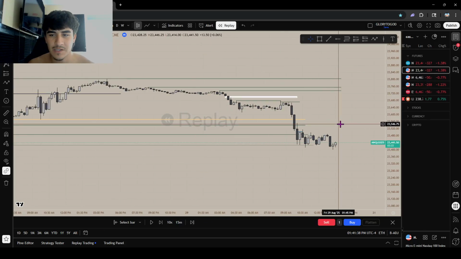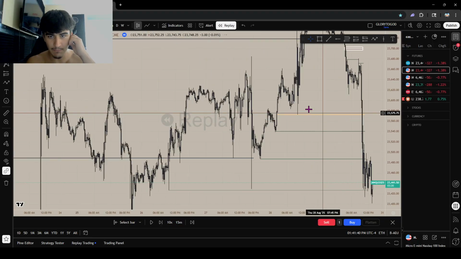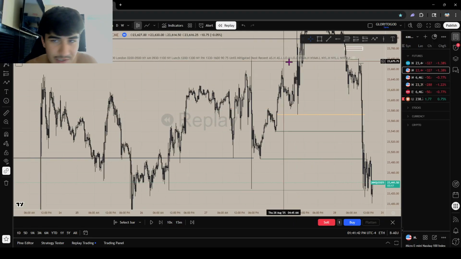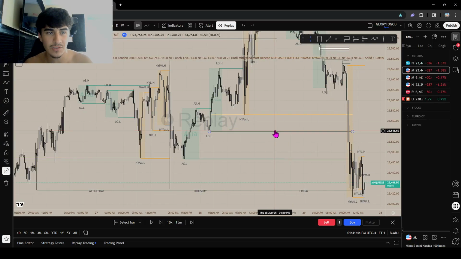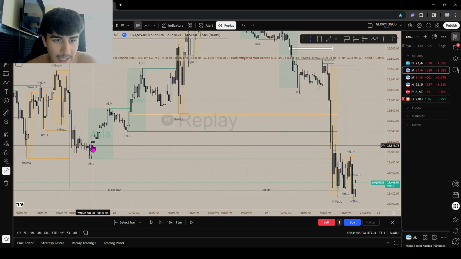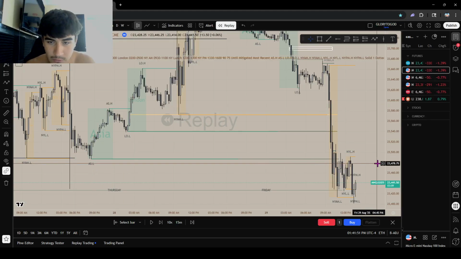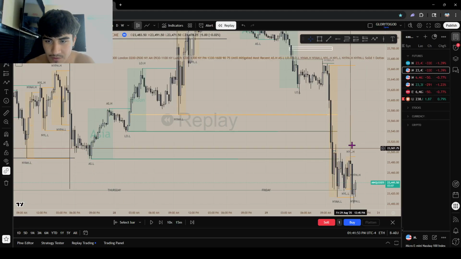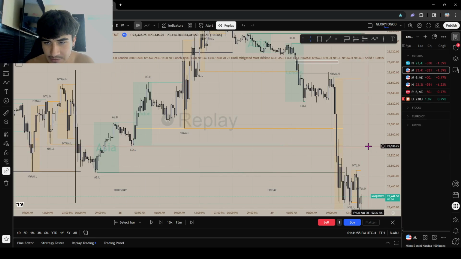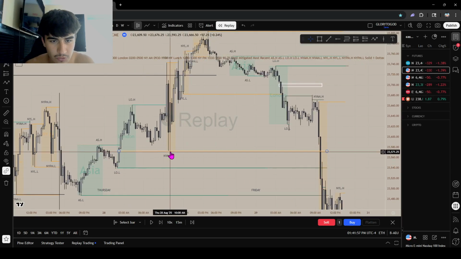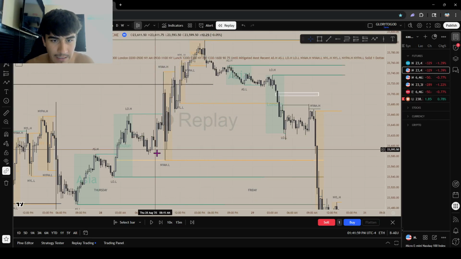I go into the 15-minute time frame and mark out all the liquidity. I love the ICT kill zones. This has the Asia session right here. You draw the low out into today, you draw London's low out into today, you draw New York AM low out to today.